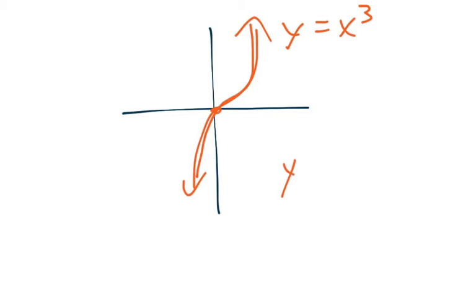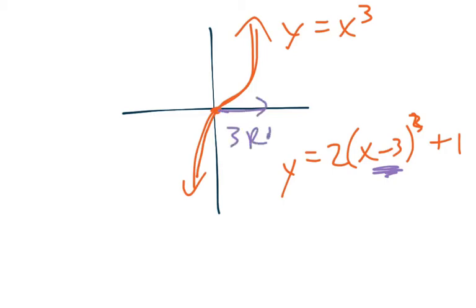And I believe the problem said something along the lines of 2 times (x minus 3) cubed, plus 1, and the whole point was that in the parentheses here, that minus 3 is going to cause it to shift right 3, and then of course the plus 1 means it's going to go up 1.